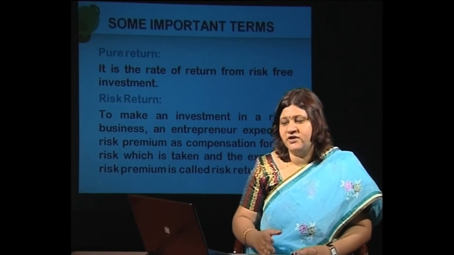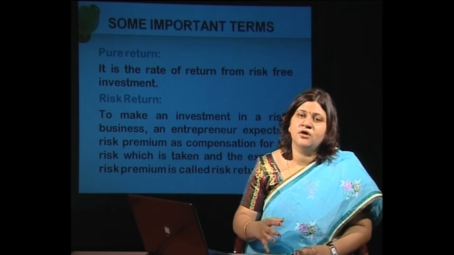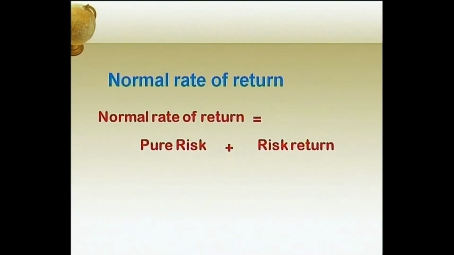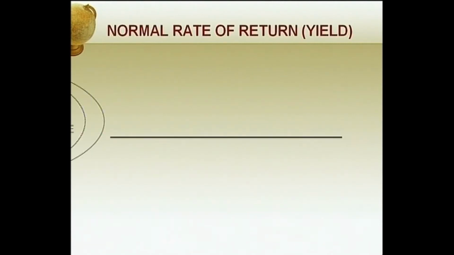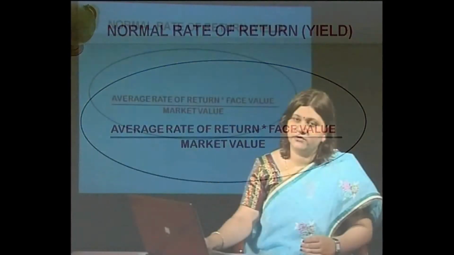So, when we consolidate pure return and risk return, it will give us the normal rate of return. So, we will learn it in equation form: normal rate of return is equal to pure return plus risk return. Now, we will take up another formula to compute the normal rate of return, which is also known as yield.